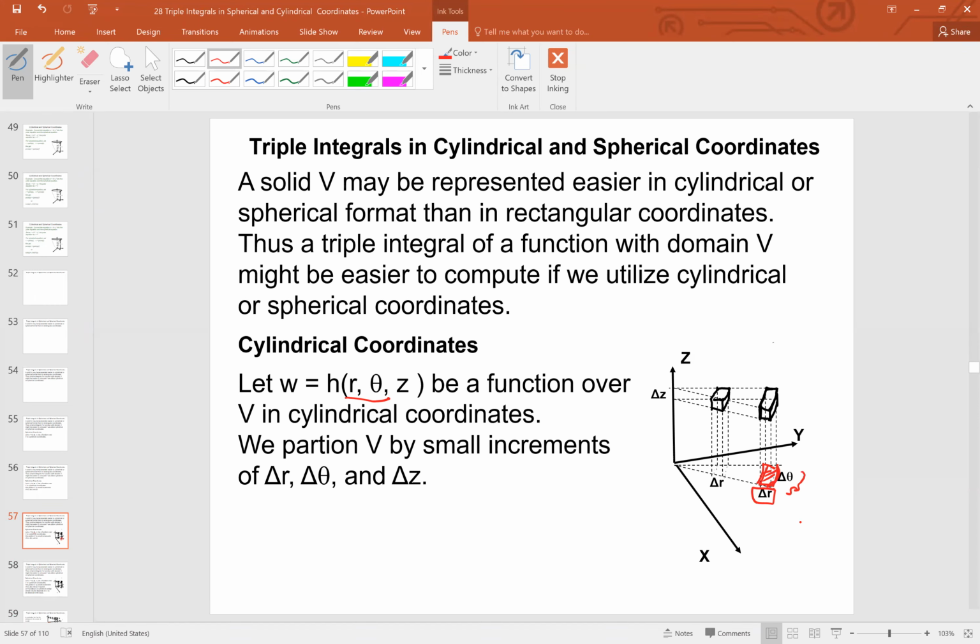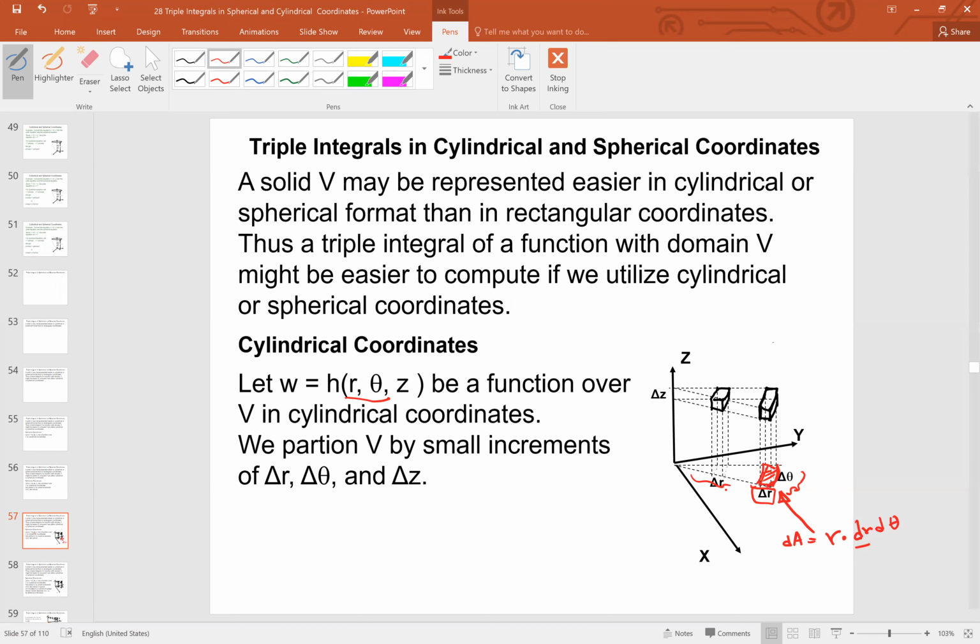And from polar coordinates, we know that the area dA of this polar piece is roughly r times dr d theta. That is how much you increase the radius and how much angle you increase by.